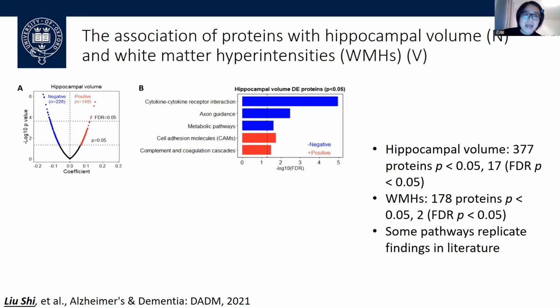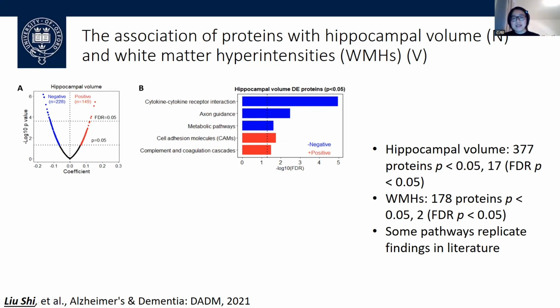In figure A, we found these are the numbers of proteins which are positively and negatively associated with hippocampal volume, as you can see from figure A. In figure B, we did KEGG pathway enrichment for these positively and negatively associated proteins.